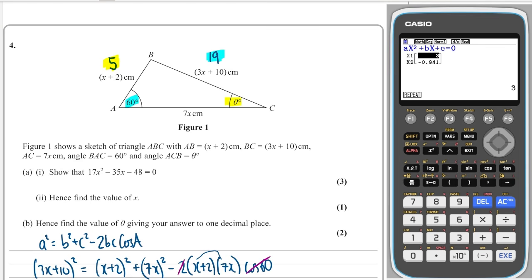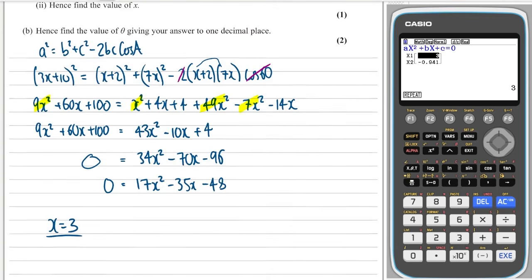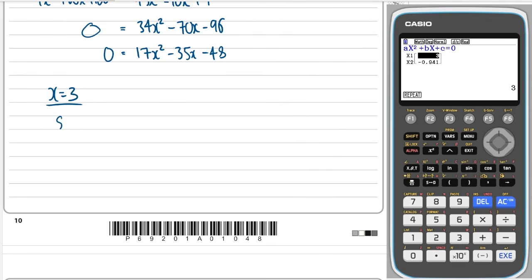So we can use the sine rule here. And I'll start by writing sine theta over 5 is equal to sine 60 over 19.